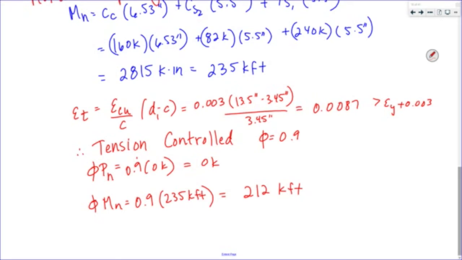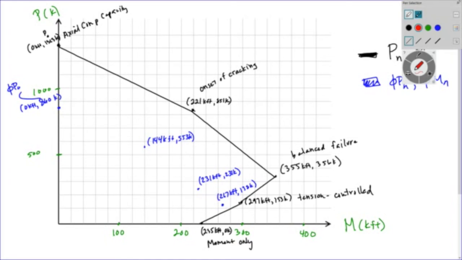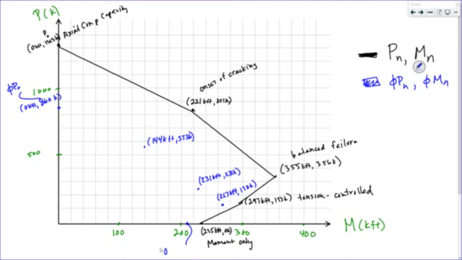Make sure you guys got that all written down. I know I just went really fast. So our final point is 212 kip feet and 0 kips.